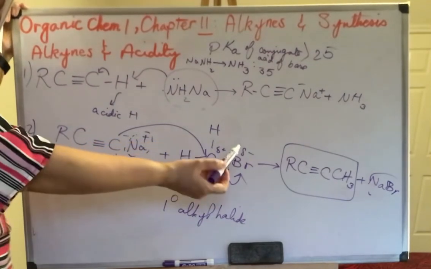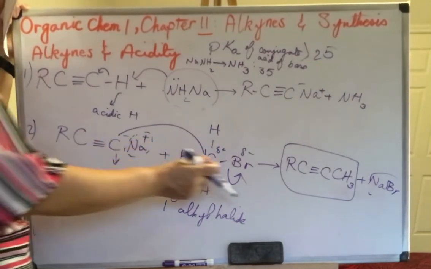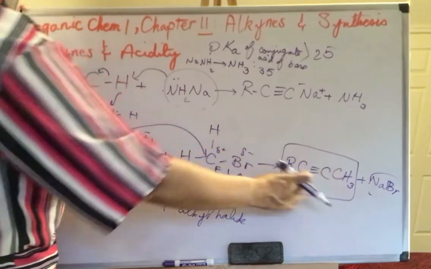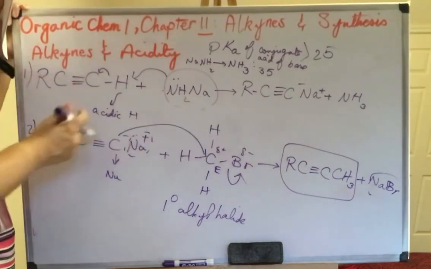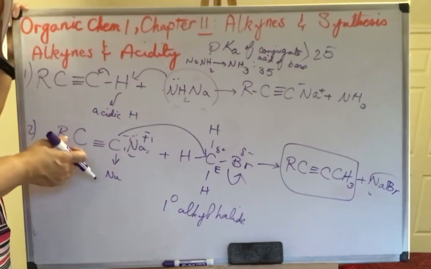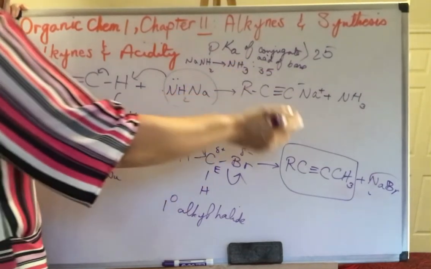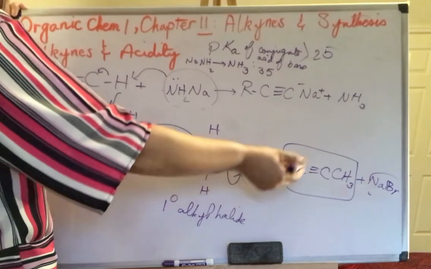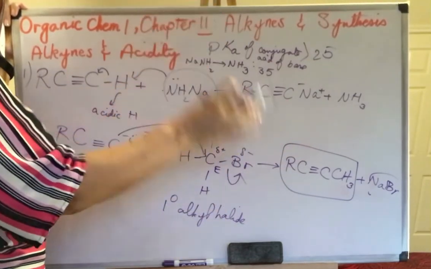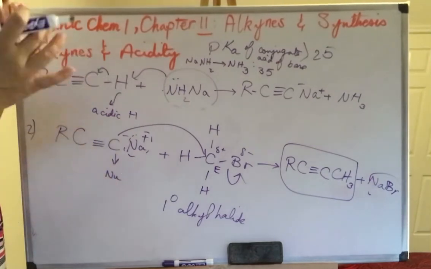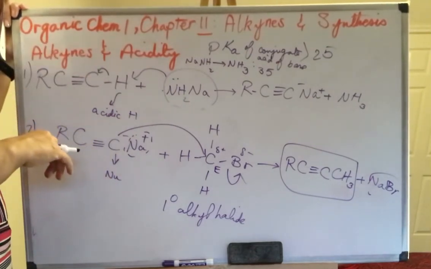So this way we are going to make a longer alkyne from a shorter alkyne. And then you can do the other reactions to make other products. You can add halogen, you can add hydrogen halide, and whatever reactions you learned before.